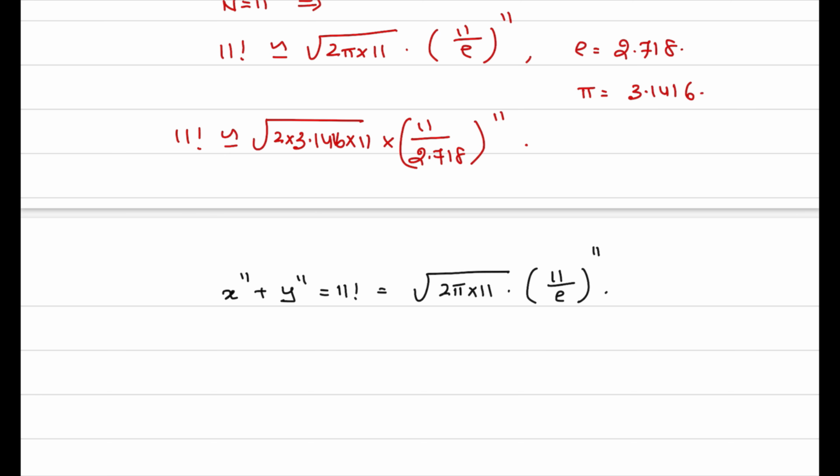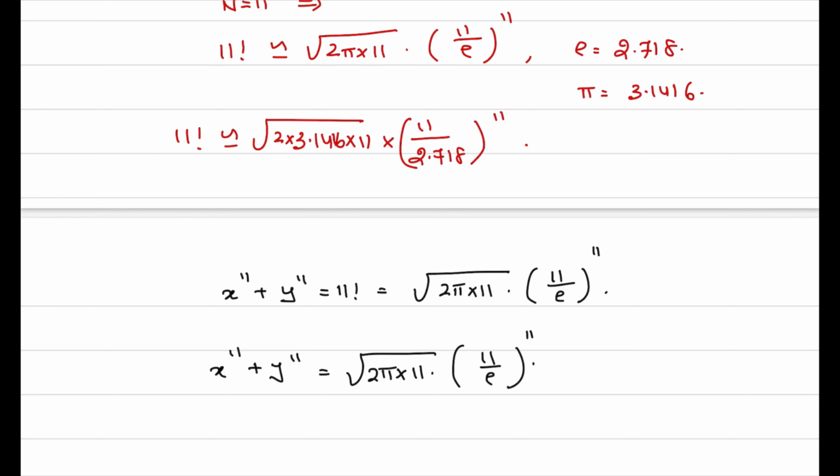Next, what we have to do? We have to find x and y such that this equation is satisfied. What is that equation? x to the power of 11 plus y to the power of 11 is equal to square root of 2 pi into 11 by e to the power of 11. Now, what will be the domain of x?